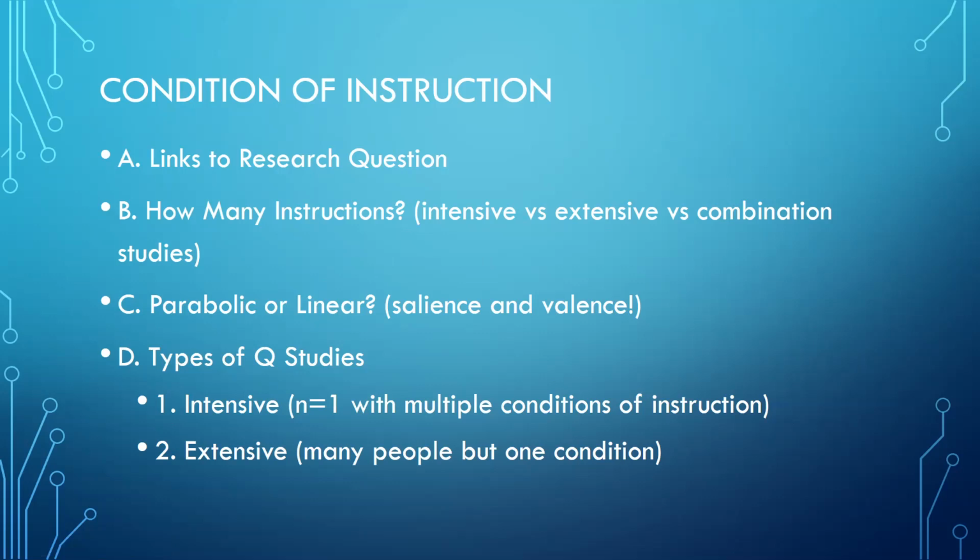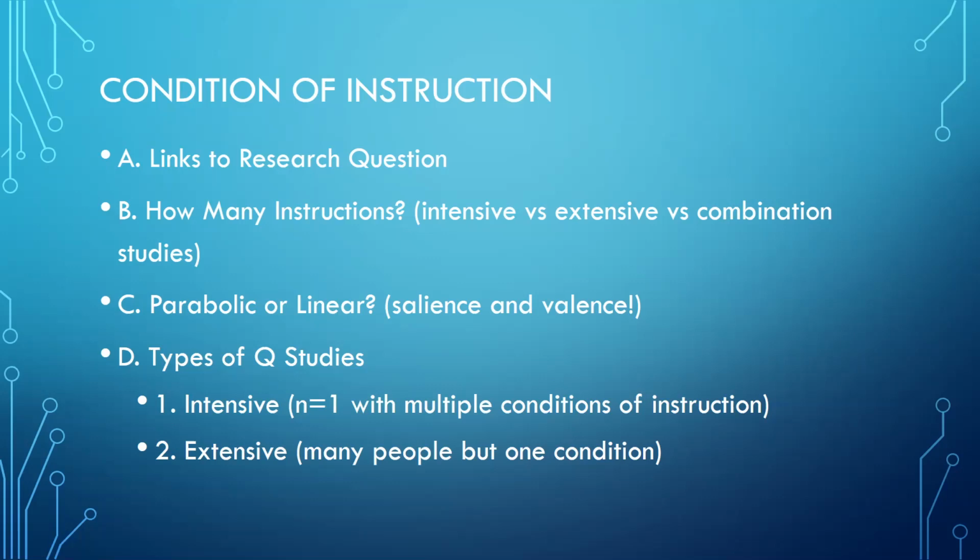For example, if you want to track someone's perception of themselves over a period of time, you might have a condition of instruction: when you were 10 years old, what did you believe about this? When you were 15, what did you believe about this? When you were 20, what did you believe about that?